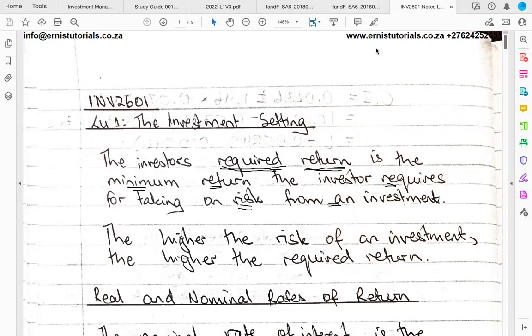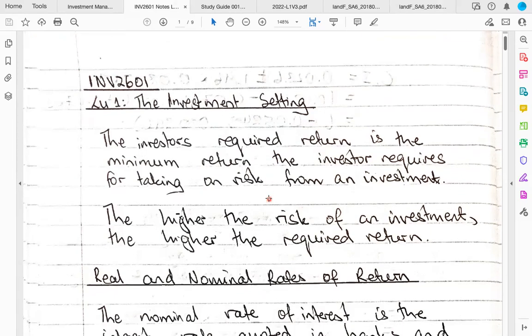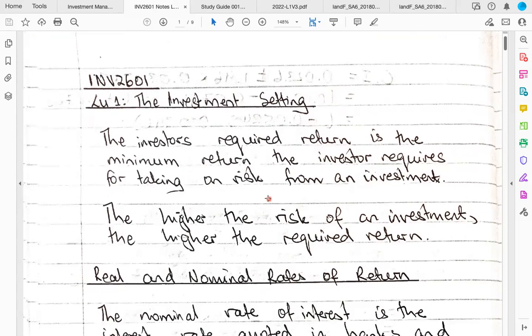The prescribed textbook also defines the required return as the minimum return that investors require for deferring consumption of their money, right? That's a bit of a complicated definition, but I think an easier definition is that an investor's required return is the minimum return that an investor requires for taking on risk when it comes to an investment, right?